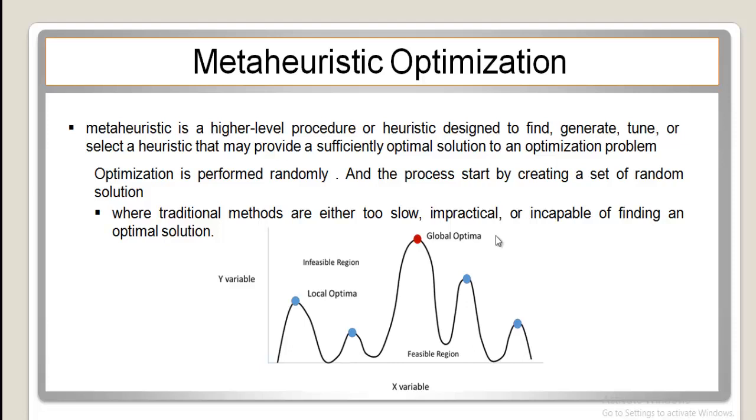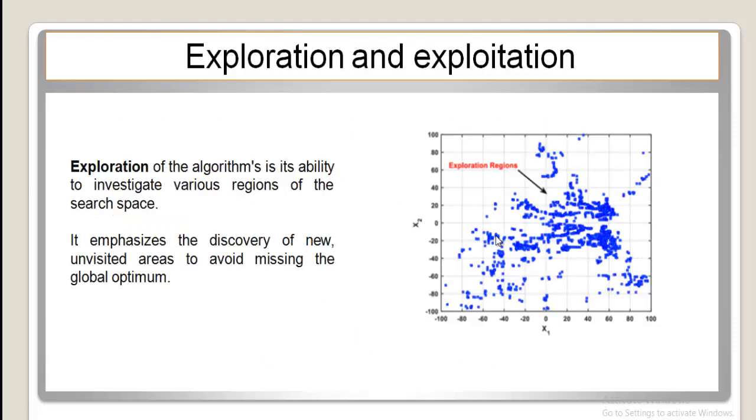One of the main concepts that metaheuristics depend on is exploration and exploitation. When we talk about exploration in a metaheuristic algorithm, we are referring to the algorithm's capability to traverse and investigate diverse regions of the search space. Exploration is about casting a wide net.